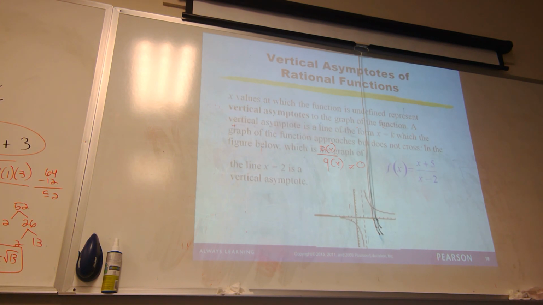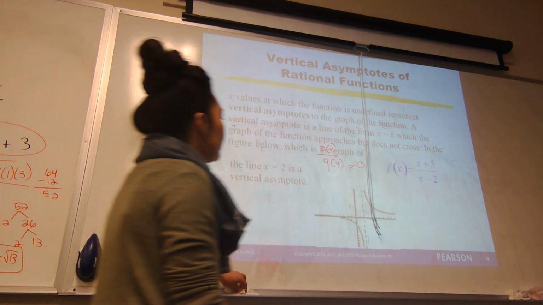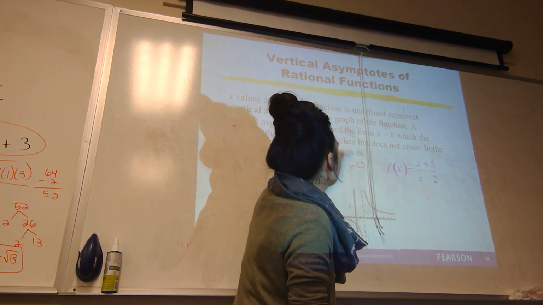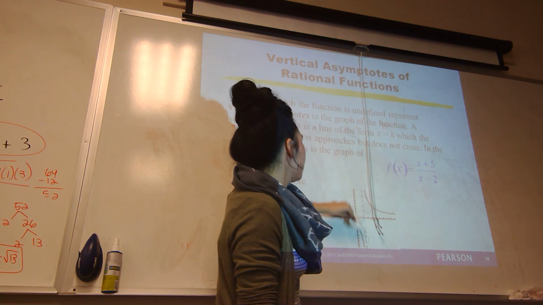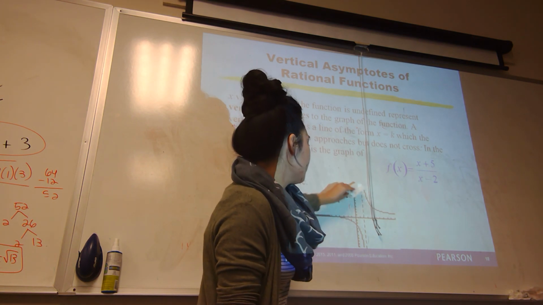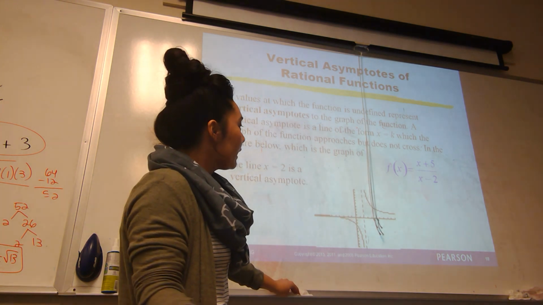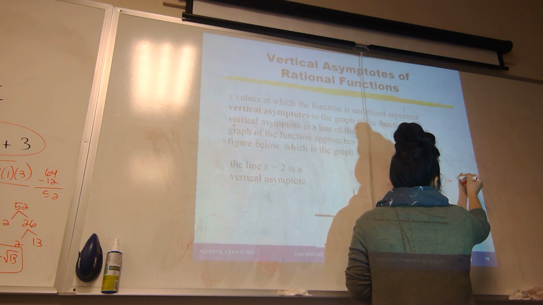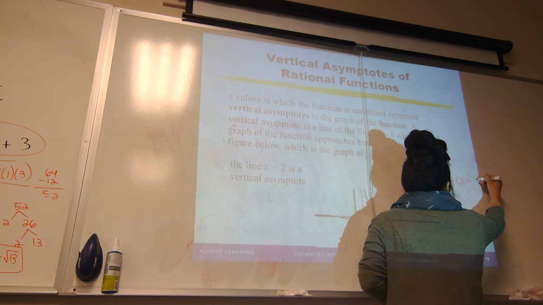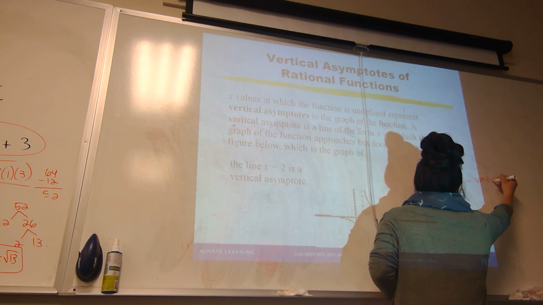So the trick is finding the domain and range of something like this, and this idea of a vertical asymptote. I really don't have time to teach how to find the vertical asymptote or for you to practice doing it. But the whole idea is you just set the denominator equal to 0, and this gives you your vertical asymptote every single time.